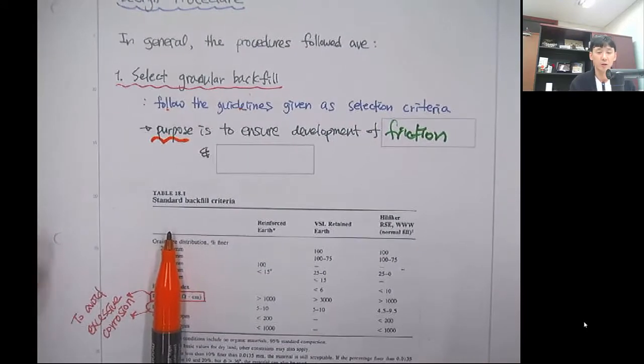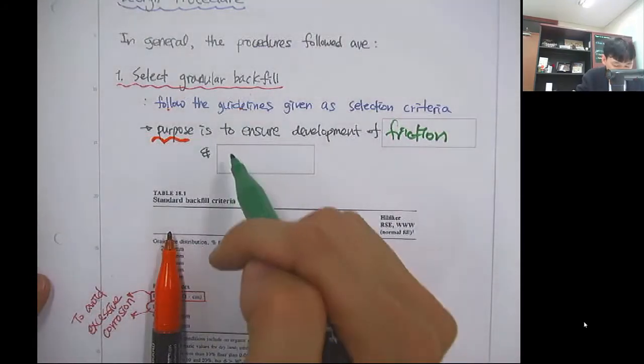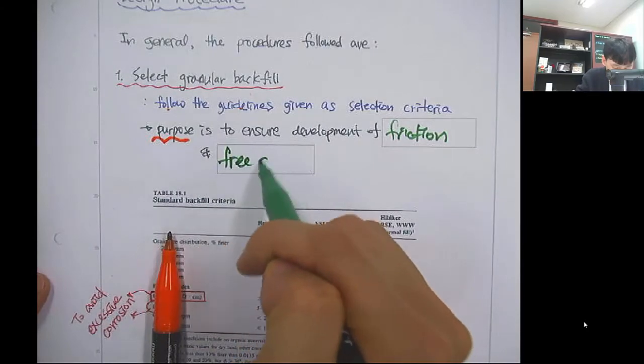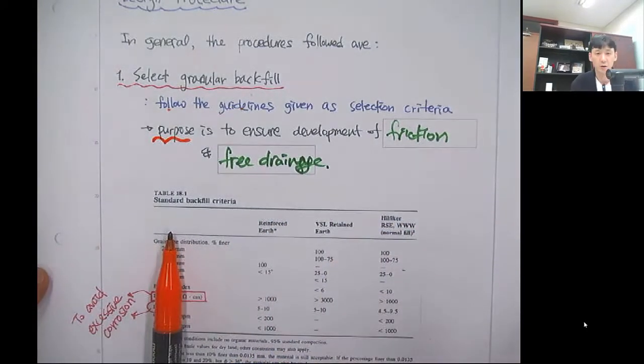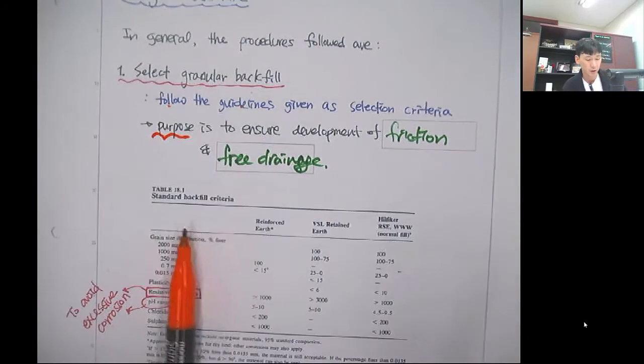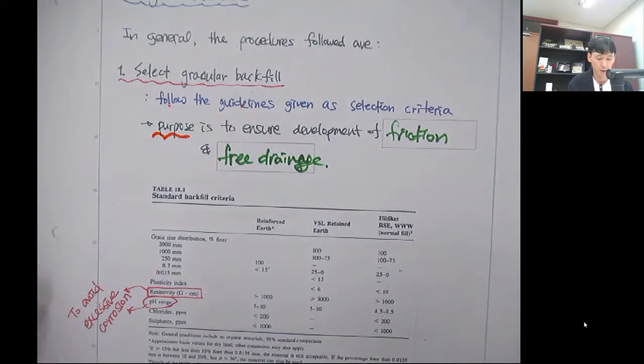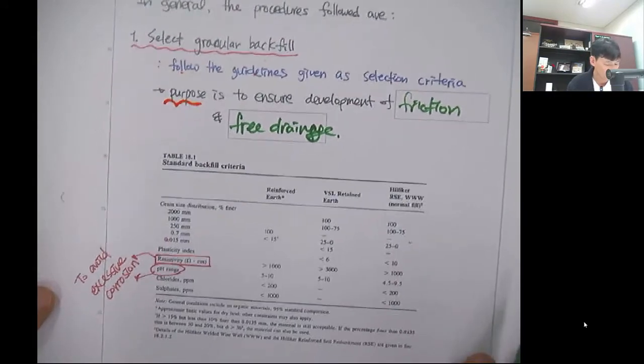If the friction is too low, then it will not give you the full resistance, so the reinforcement effect will be reduced. So the higher friction will be better. And the second is free drainage, so that the water can drain easily, not accumulating excess pore pressure.